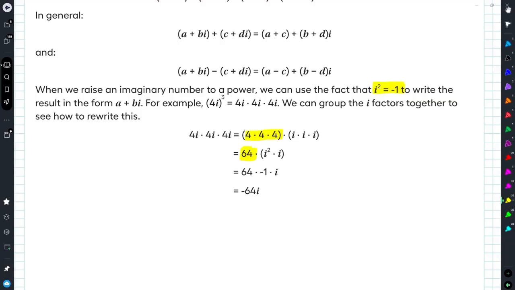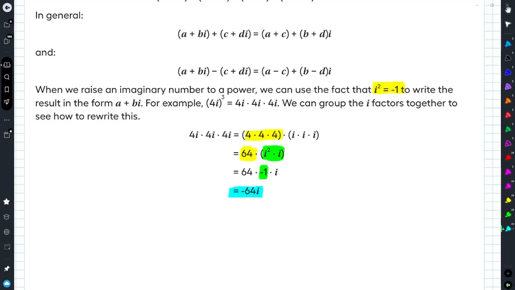And then i to the third power we can rewrite as i squared times i, and changing i squared to negative 1 allows us to multiply 64 and negative 1, which leaves us with negative 64i. So we can multiply real and imaginary parts together, but we can't add real and imaginary parts together.